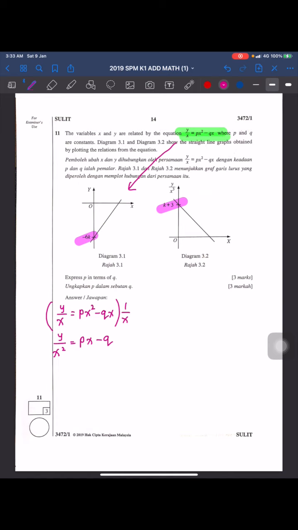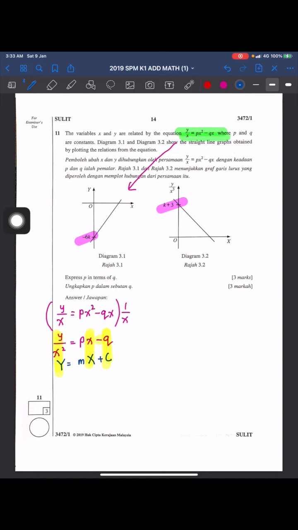Okay, so di sini kita dah boleh nampak dah. So di sini adalah y equals to mx plus c. Okay, so ini y kita, ini x kita, betul kan? X, X. Dan ini adalah C sekali dengan negatif. Okay, so apa yang saya boleh buat di sini, saya equatekan dia punya y-intercept.